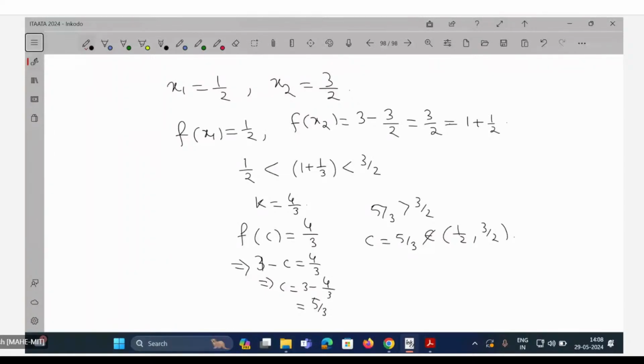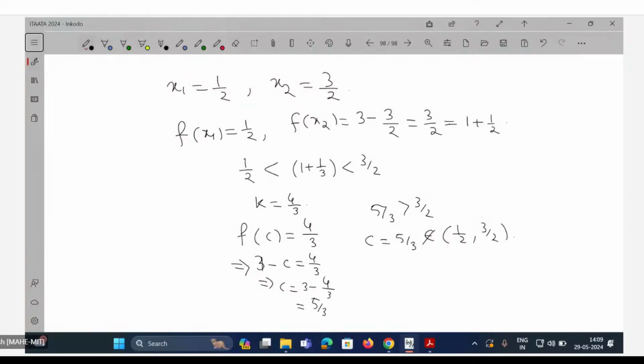Thank you, Sharan. He pointed out that this is a function which does not satisfy the intermediate value property, because today I said that if a function satisfies the intermediate value property, then it cannot have a discontinuity of the first kind.